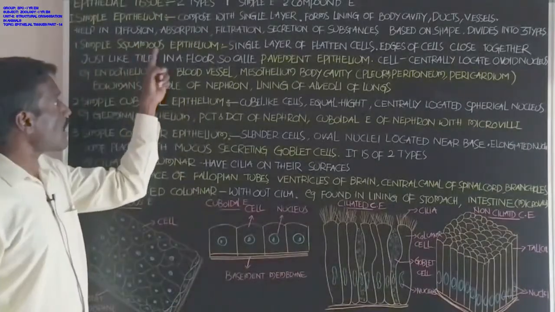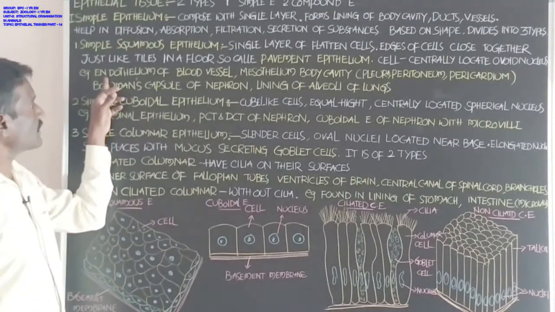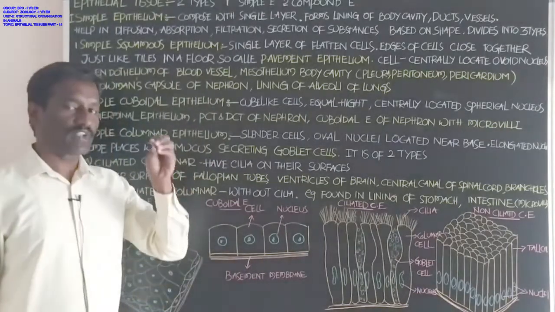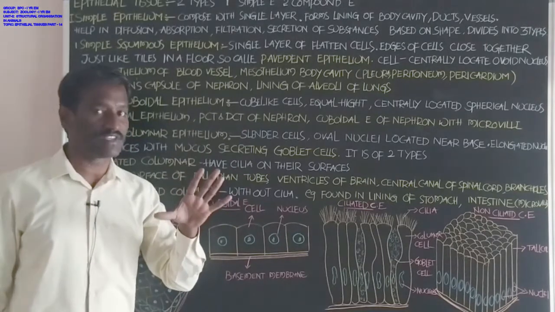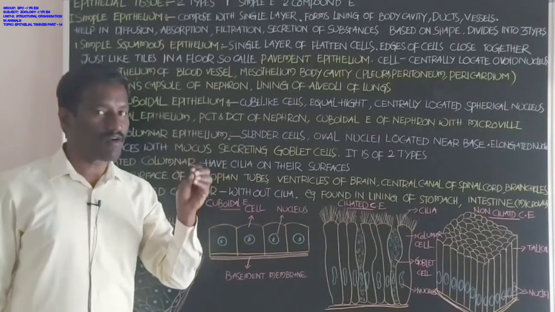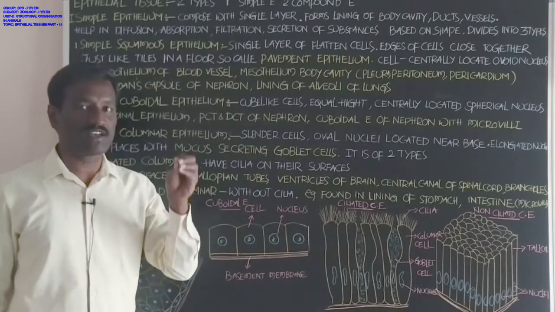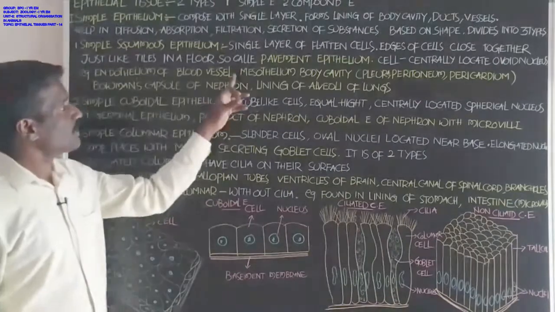Simple squamous epithelium is present at the endothelium of the blood vessel. Students, the endothelium is the inner surface of the blood vessel. The endothelium of the blood vessel is an example of simple squamous epithelium.